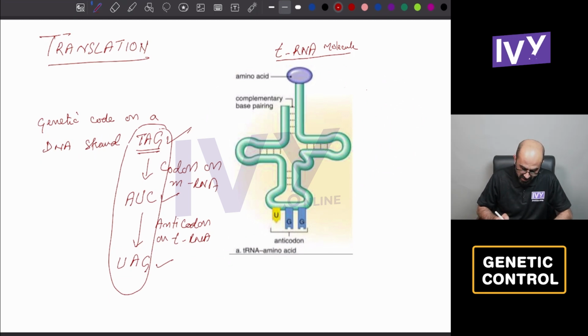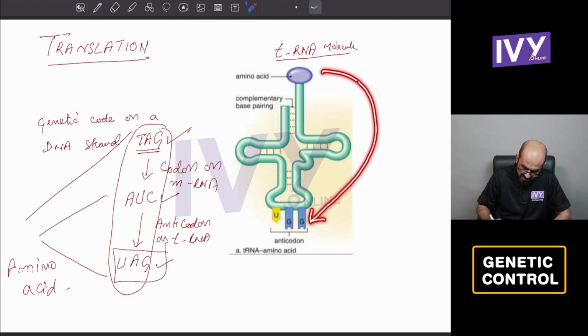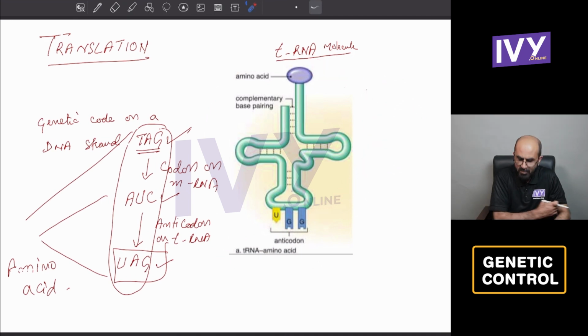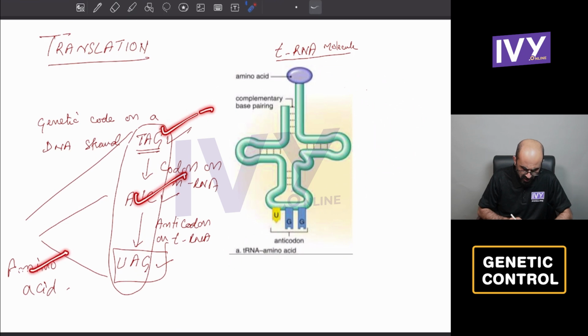However, this amino acid is directly interpreted by the anticodon, because you can see here it is attached to the tRNA. Amino acid makes a bond with the tRNA, not with the messenger RNA, not with the DNA. So these codes are far away from the amino acid.